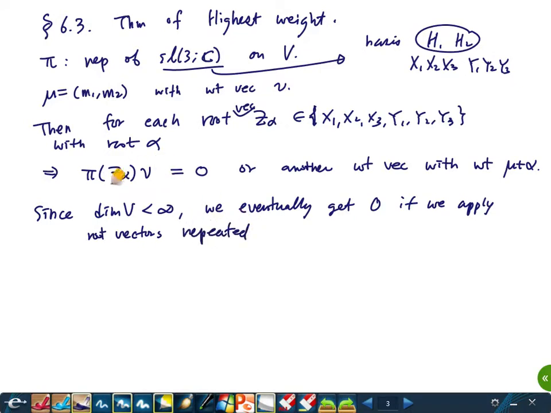So we apply say x1 and then we apply x2, or well, we can keep just applying root vectors to this weight. Then eventually we must get 0 because we cannot have infinitely many different weights.